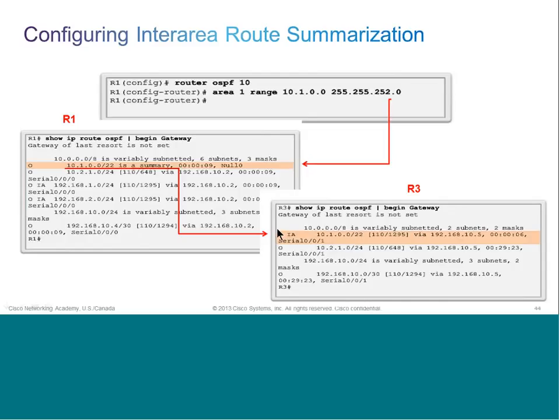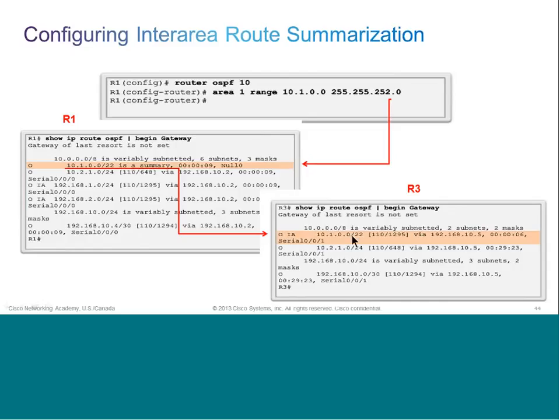So notice it's coming in as a summary route. That's the reason it has the O IA in front of it. It's an inter-area route. And by doing this, you should be able to reduce the size of the routing tables in router 3.